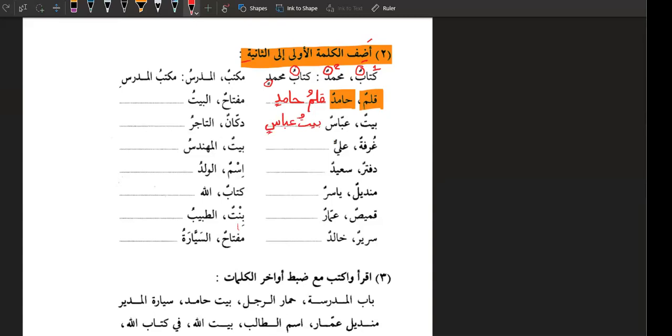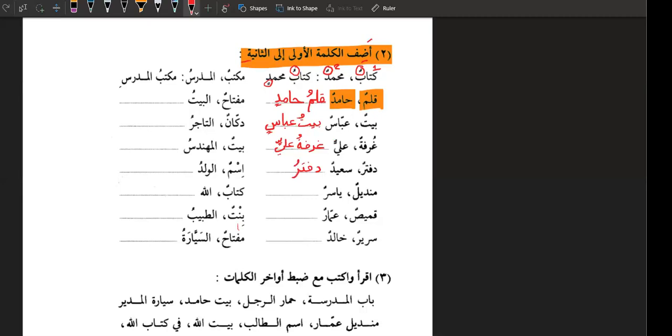Lujain, غرفة علي. So we say غرفة علي. ما معنى الجملة؟ Ali's room. غرفة علي. جيد. إسماعيل, دفتر سعيد. نعم.